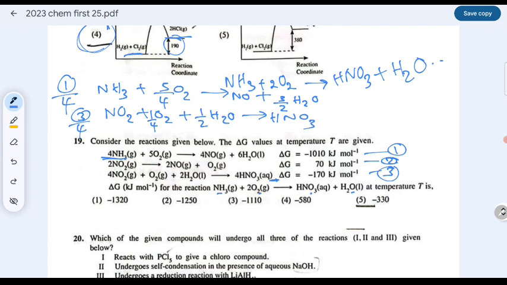Now I have formed NH3 and also HNO3. Now I have to form 2 O2. How many O2 are present? 5 over 4 plus 1 over 4, which is 6 over 4, meaning 3 over 2 O2, which is 1.5 O2.